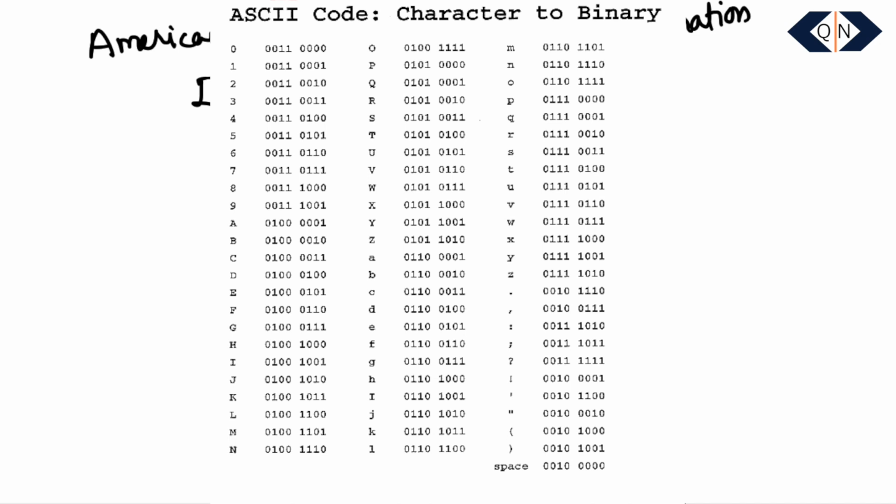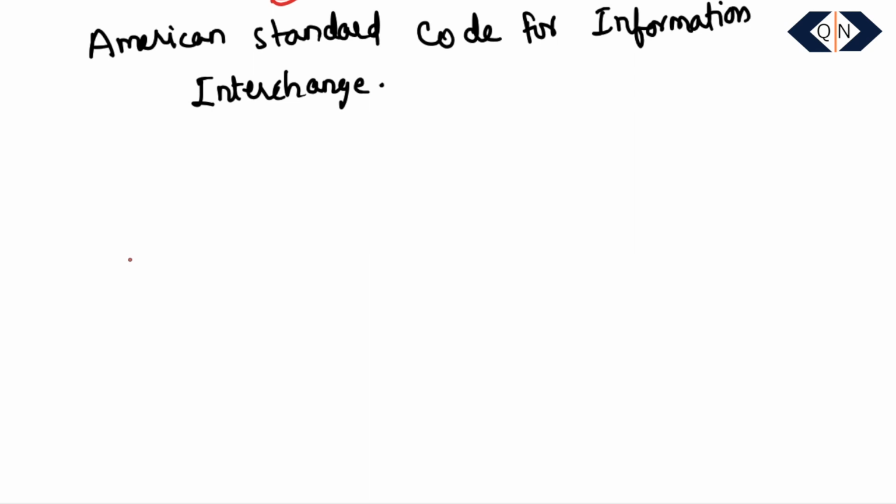You can always look it up on the internet. So from here you can say that the greater than sign has a binary code of 0111110. There is no need to memorize this. You will easily get this from the internet.